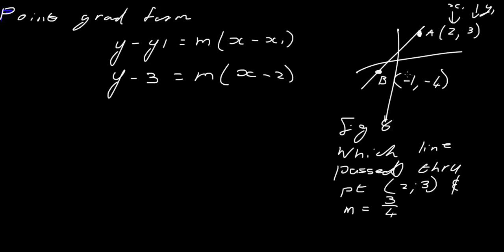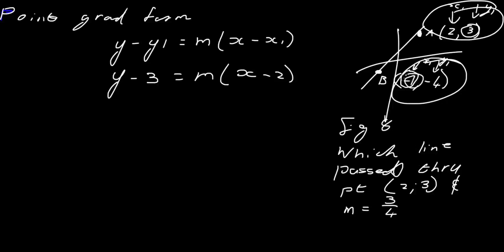So you couldn't use, for example, -1 as x1 and 3 as y1. That's incorrect. You can either use this point or that point, but don't mix x's and y's from different points on the line.